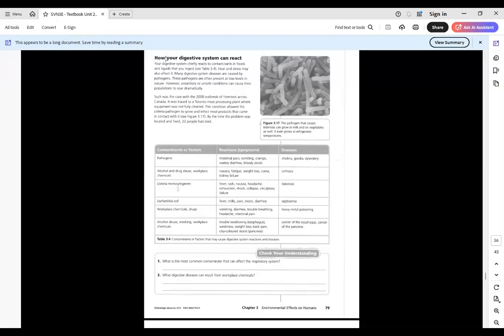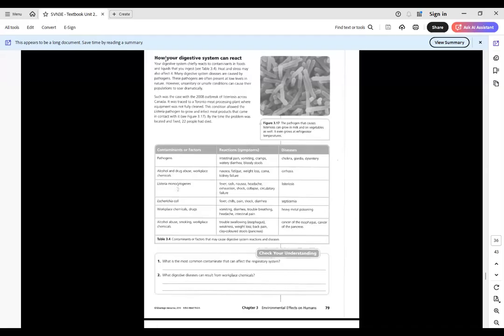You can have weight loss from drug abuse in particular. You can go into a coma and you can suffer kidney failure. These can all be the effects of alcohol and drug abuse or workplace chemicals. The disease for really, really abuse to your body with alcohol and drug abuse, it in particular affects your liver. Why is that?